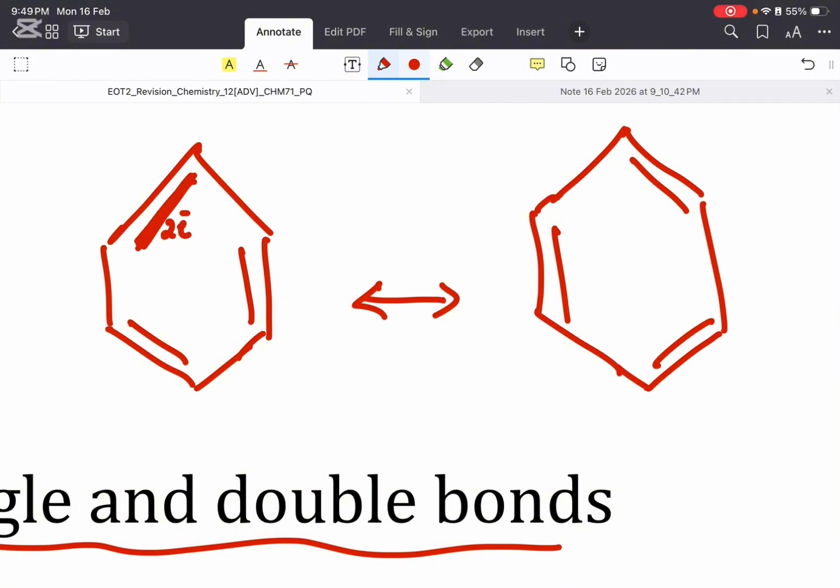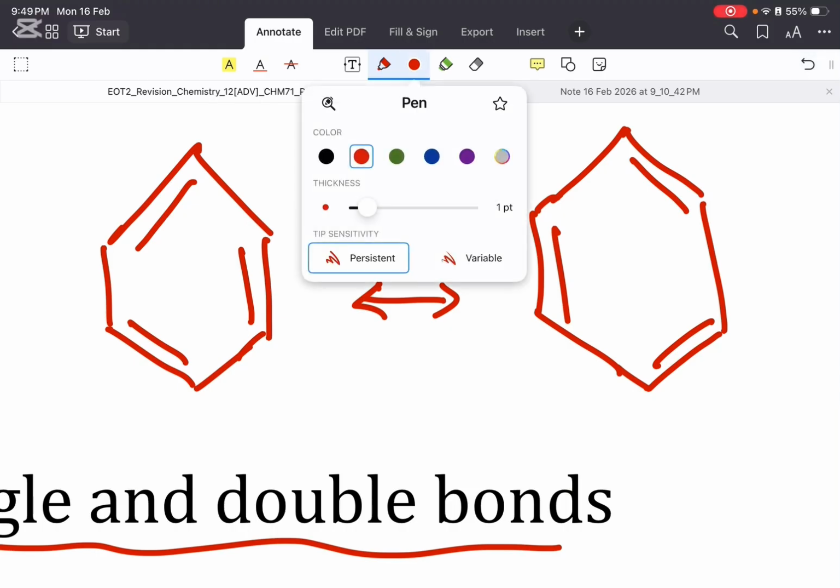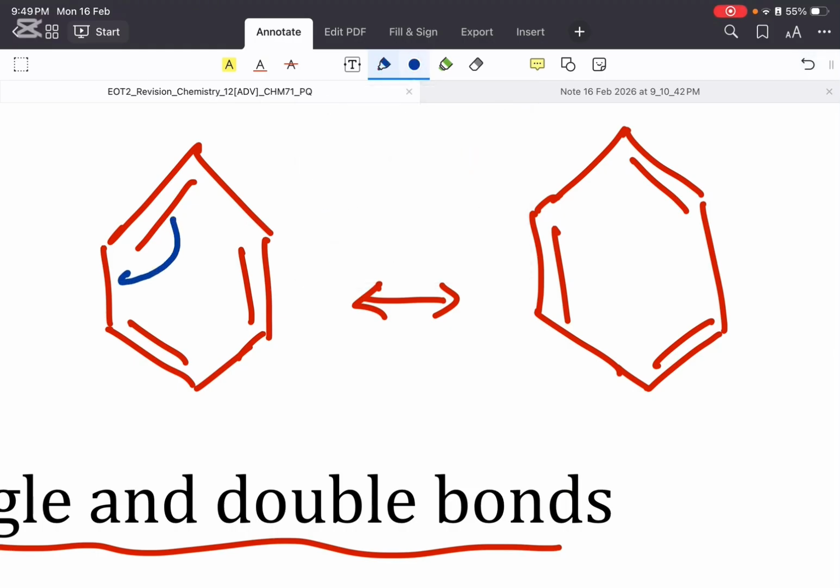They shift location and move here. And if they move on this side, they push the double bond to go on this one. So this one will have to move over here. And if this double bond is now over here, then this has to go up in here.